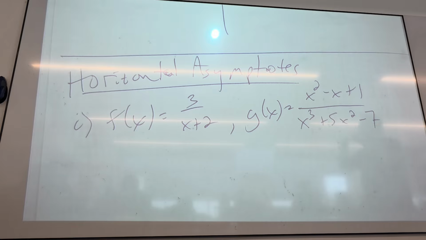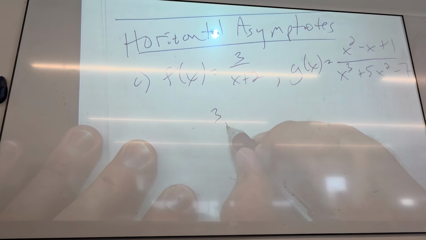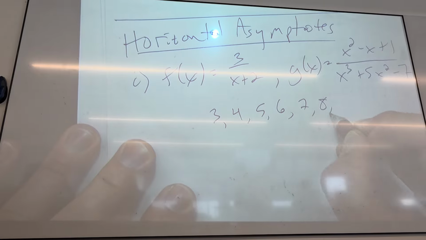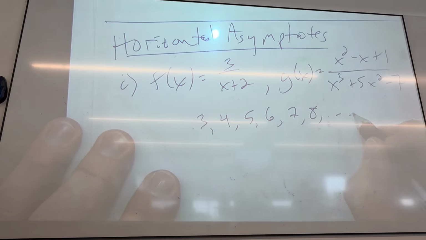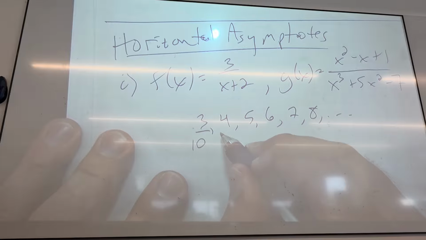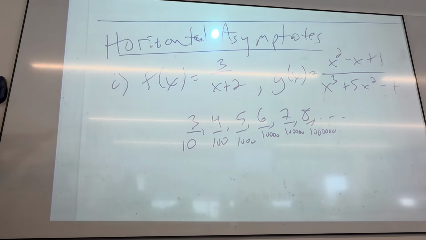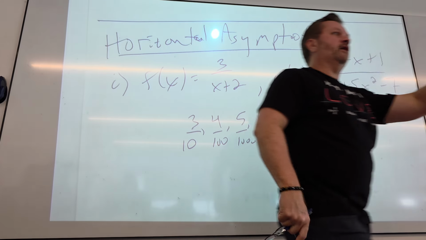So let me show you a concrete example of what I'm saying. Do you all agree with me that these numbers are getting bigger? Yes. The top is getting bigger and the bottom is getting bigger.